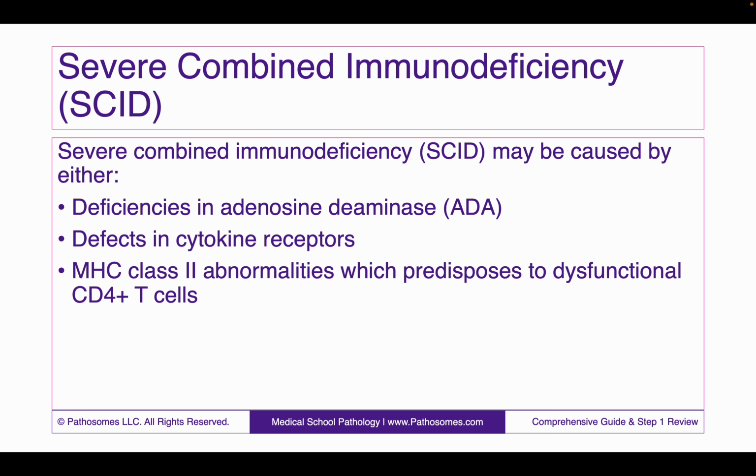It can be due to deficiencies in adenosine deaminase, which is an enzyme involved with immunomodulation. SCID can be caused by defects in cytokine receptors, and it can also be caused by MHC class II abnormalities, which predisposes to dysfunctional CD4 positive T cells.